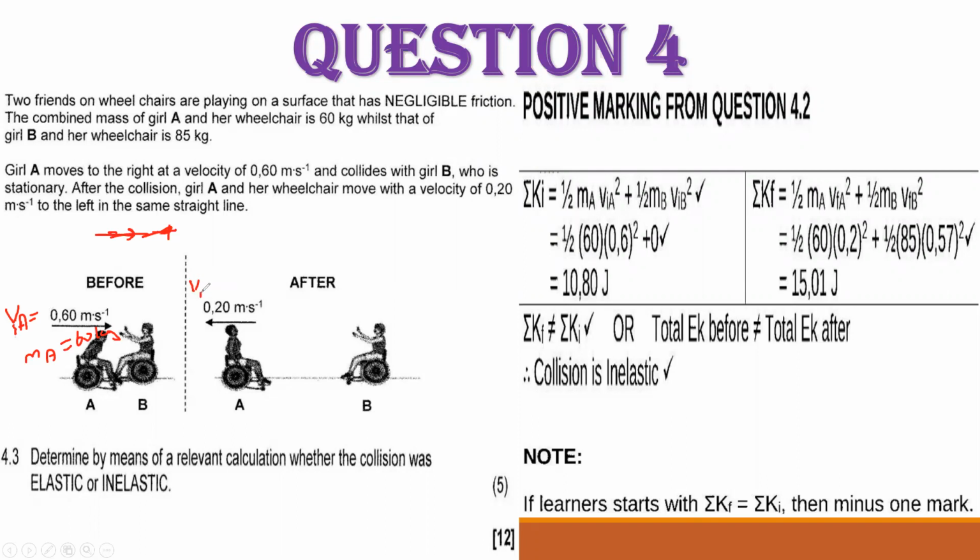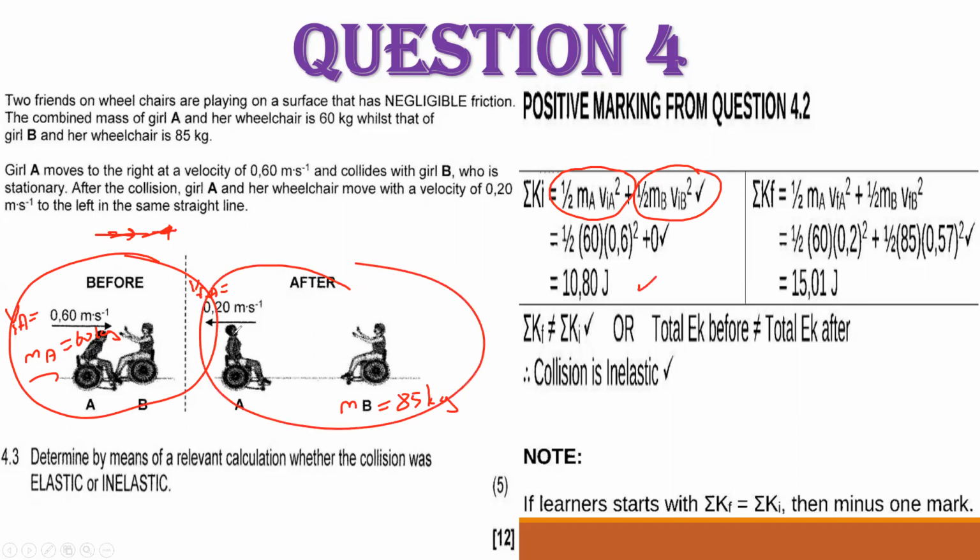V final for A equals 0.20, and mass 60 for A; for B, MB is equal to 85 kg. I know all these things. And kinetic energy for A plus for B before collision. We are calculating both and adding them.